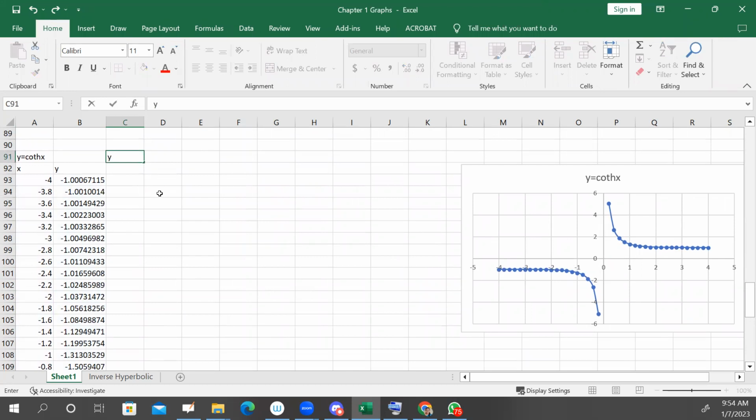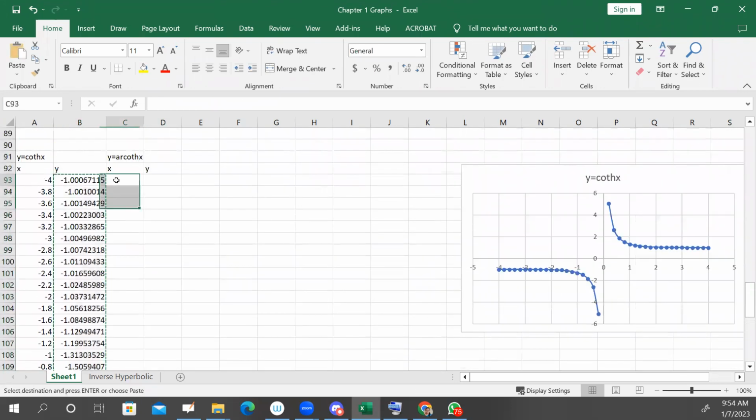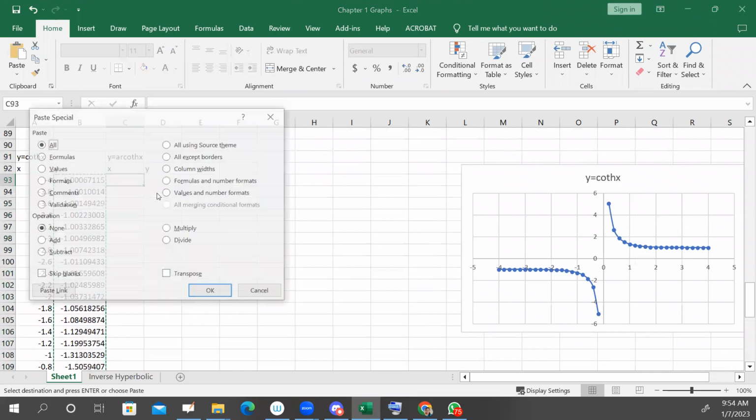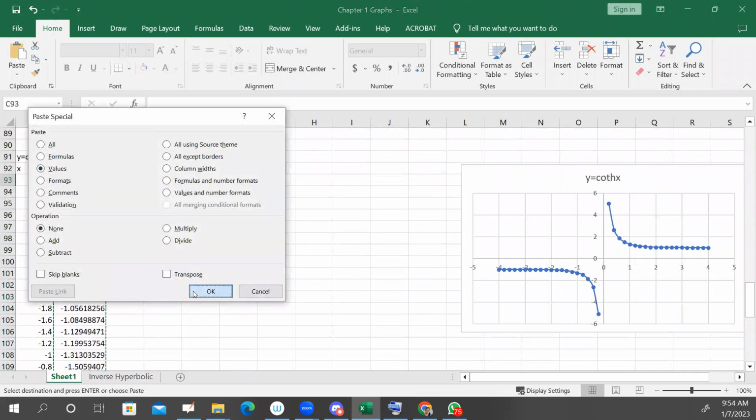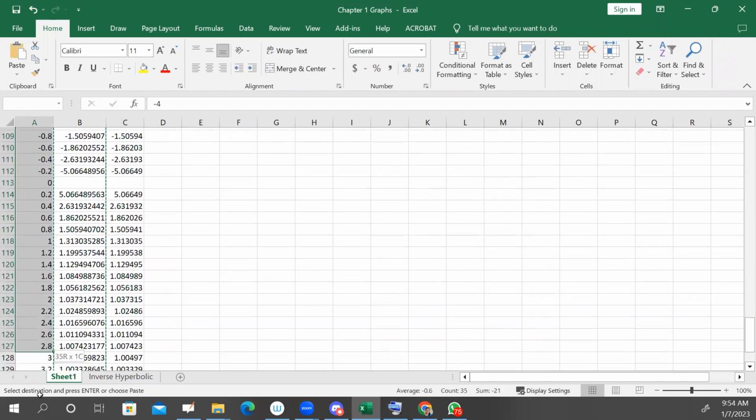So y equals R cortex. Just exchange x and y. The y values become the x values now, and the x values become the y values.